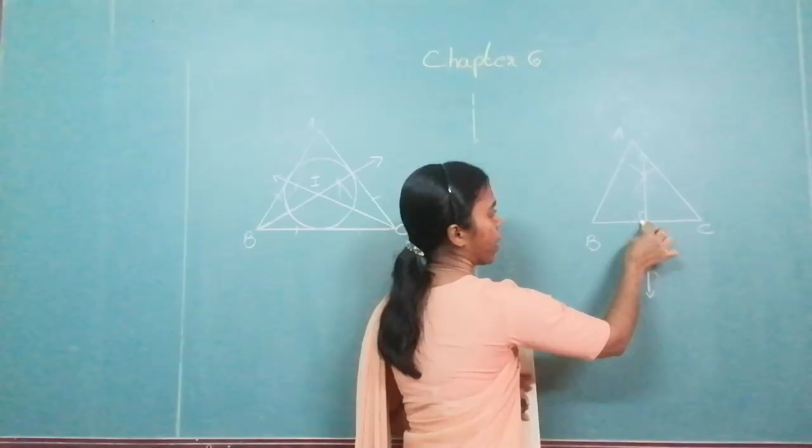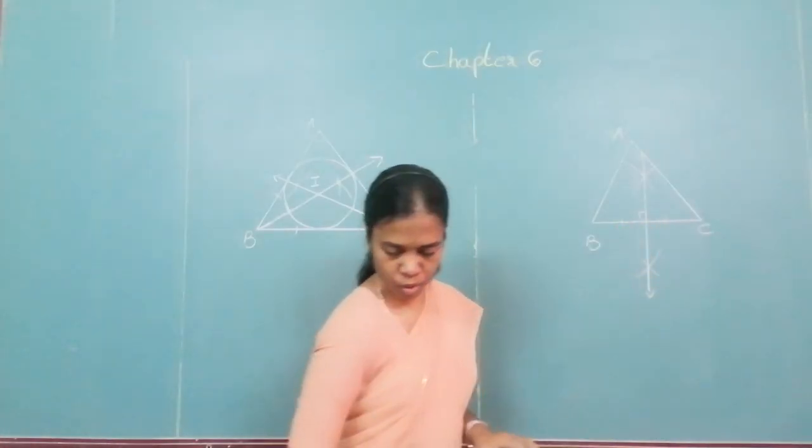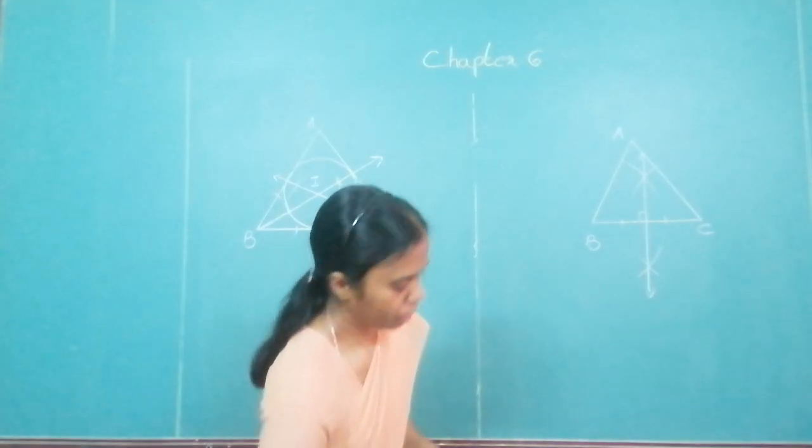This is a perpendicular bisector. Now we shall try for the other side.